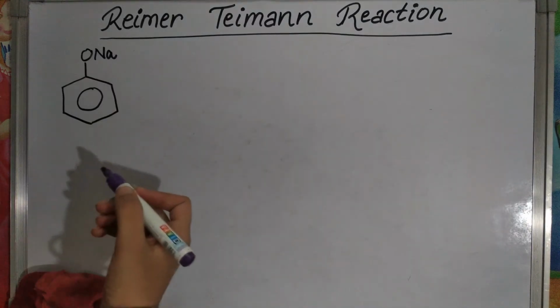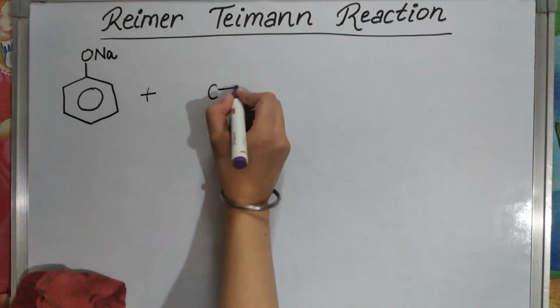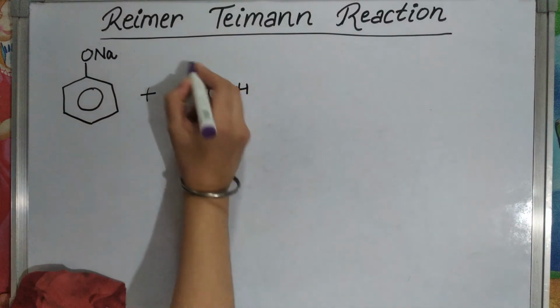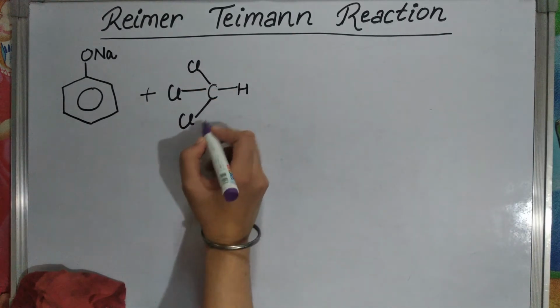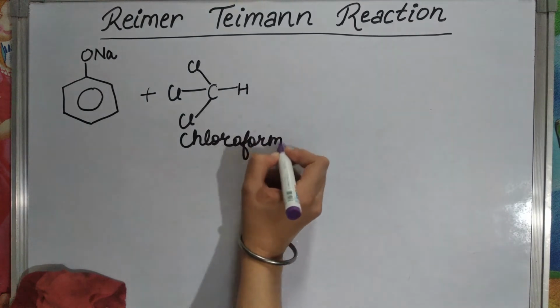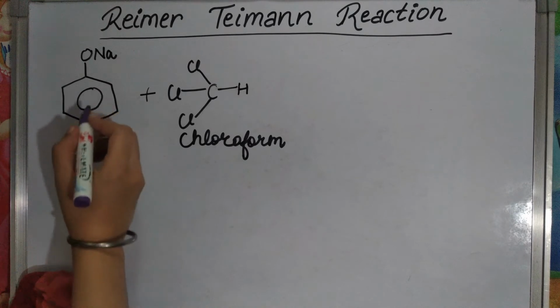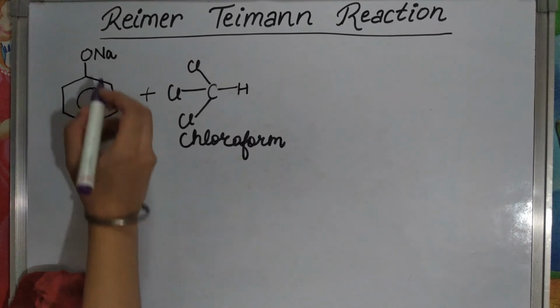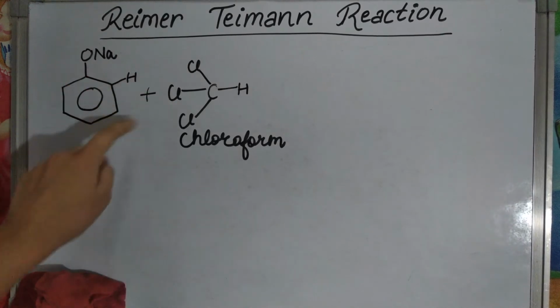Now we take sodium phenoxide and we add chloroform to it, that is CHCl3. We write it in this way. This is chloroform. Now from this chloroform and this sodium phenoxide, at the ortho position we have hydrogen on the benzene ring.